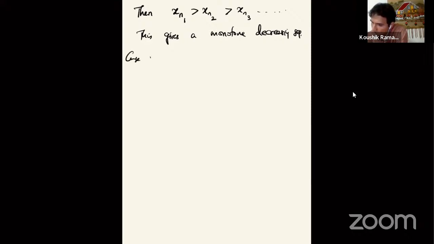But n2 is also a peak, and n3 is bigger, so xn3 lies below xn2, and so on. This gives a monotone decreasing sequence. So this is case 1, when there are infinitely many peaks. What happens in case 2, the other one, if there are only finitely many peaks?